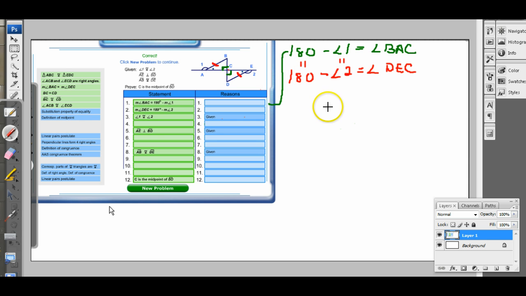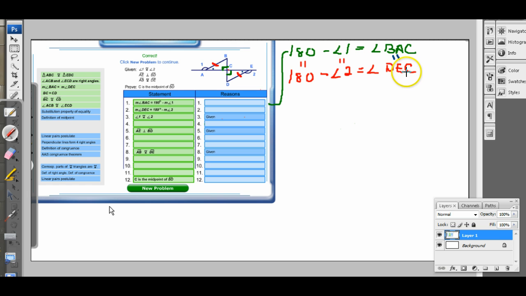But since we were told that angle 1 equals angle 2, and 180 equals 180, it's logical that if the same things are subtracted from the same number, then what's left over must also equal each other.